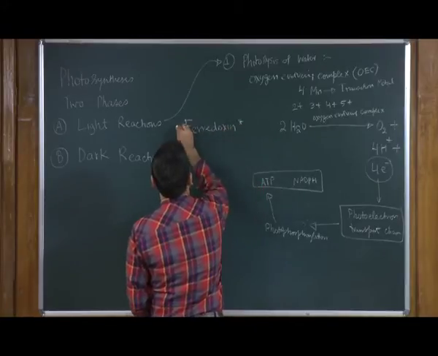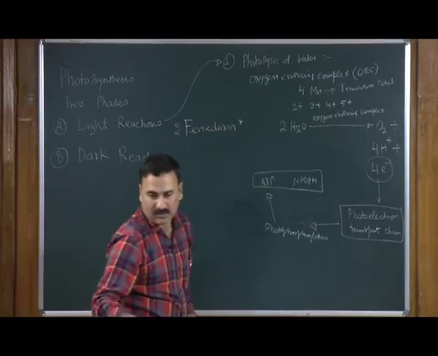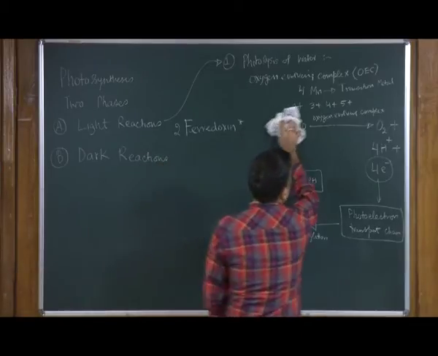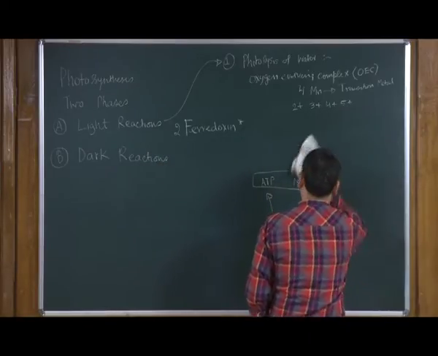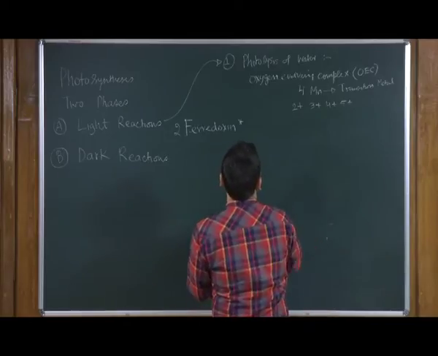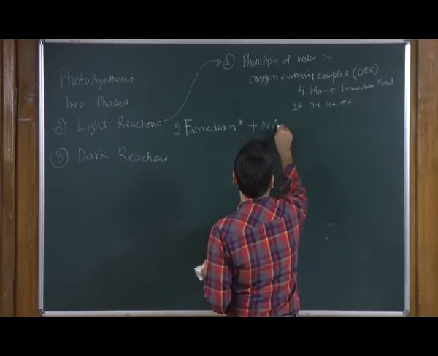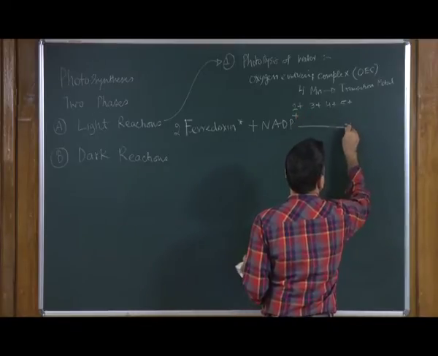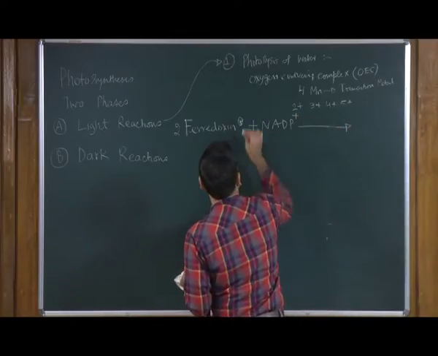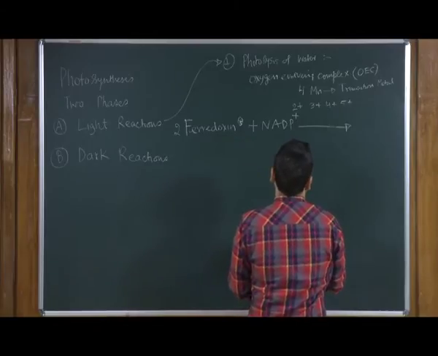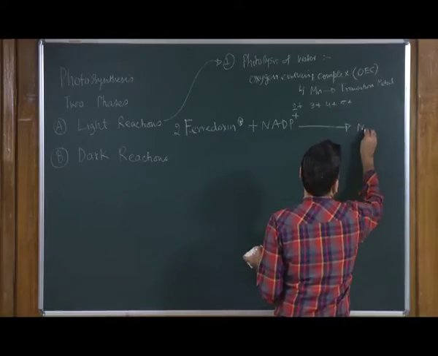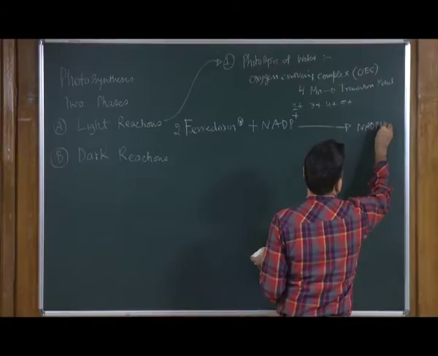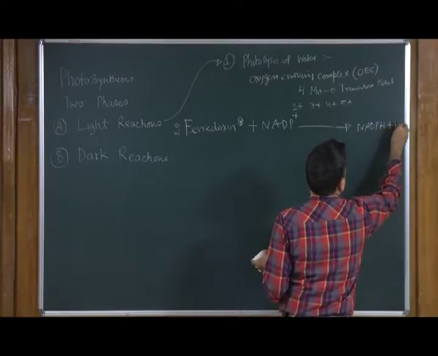2 molecules of ferredoxin, so these are electrons, and NADP plus then gets converted into NADPH plus H plus.